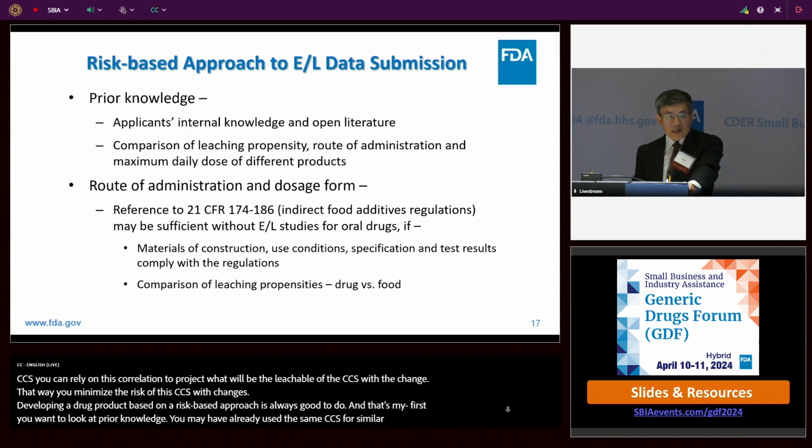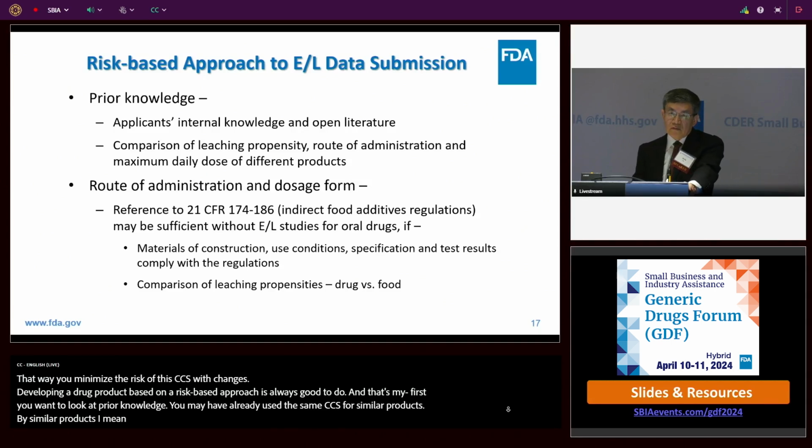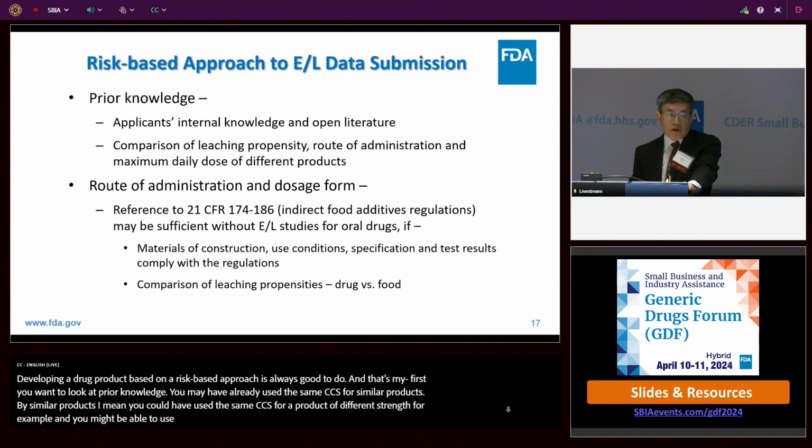By similar product, I mean that you could have used the same CCS for the product of different strength, for example, and you might be able to use the data from that product to support the new product that you're developing with a different strength, provided that the vehicle is the same.